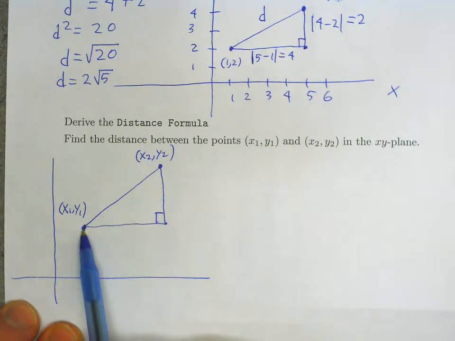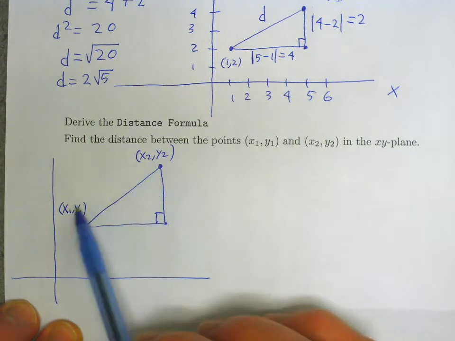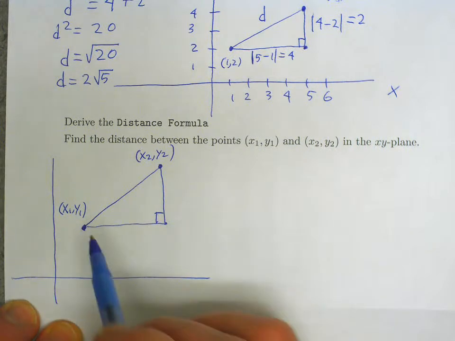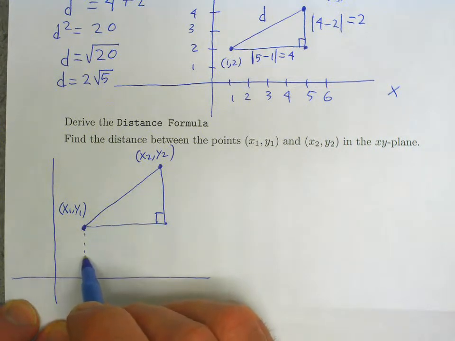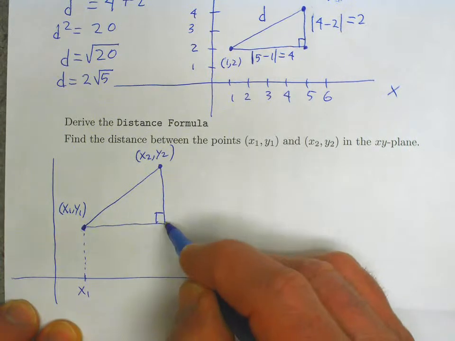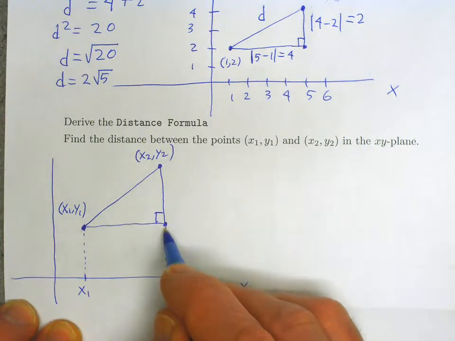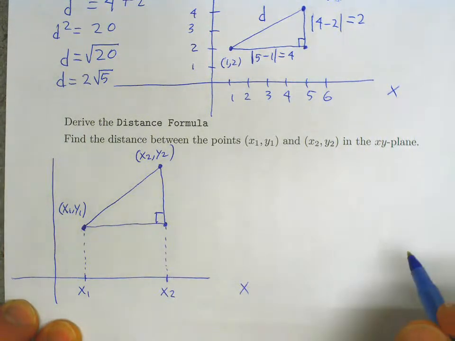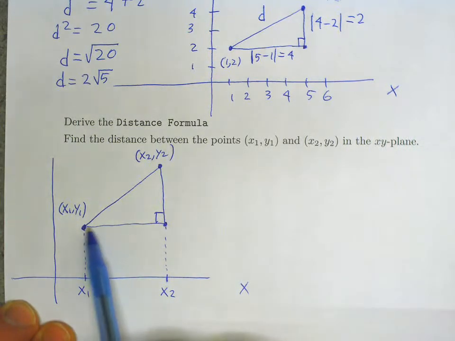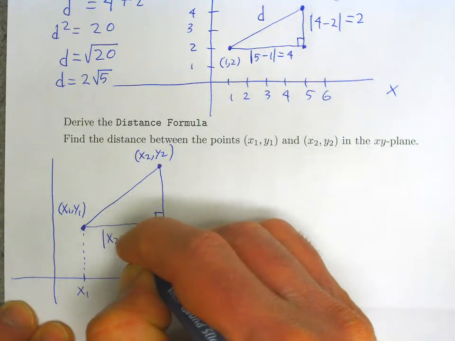Okay, well, the length of this horizontal side is the absolute value of the difference between the x coordinates. So if you wanted to, you could project this point down to the x-axis. The x coordinate of this point is x1. And then if you project this point down to the x-axis, the x coordinate of that point is x2. And so the length of this side is, we'll just write the absolute value of x2 minus x1.